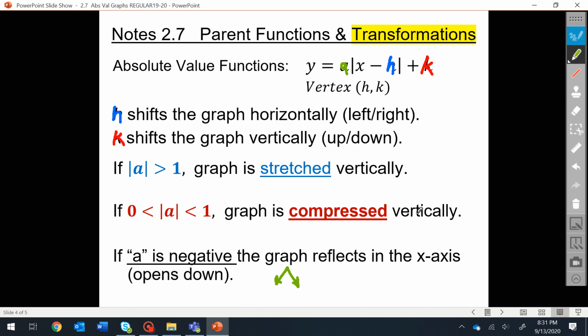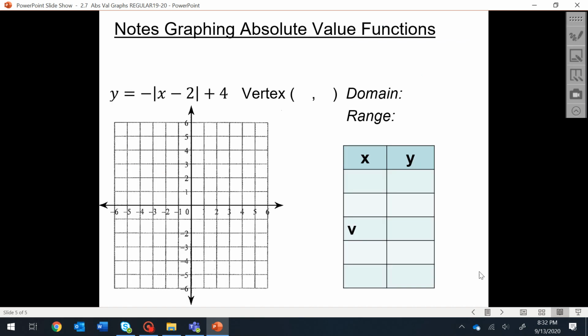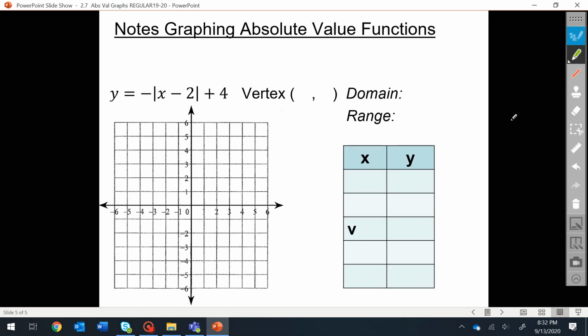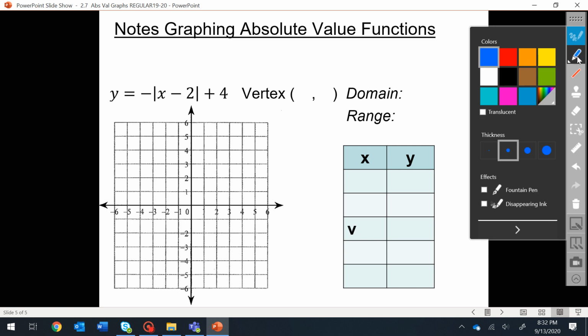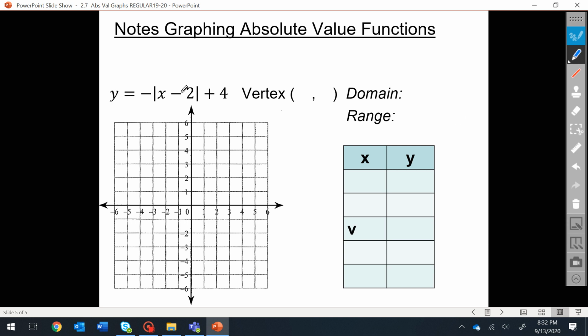And we can see each of these transformations in action when we look at something that has them. Alright, so let's try to graph it using the table and then see if we can tell which transformations have occurred from the parent function to this new function.